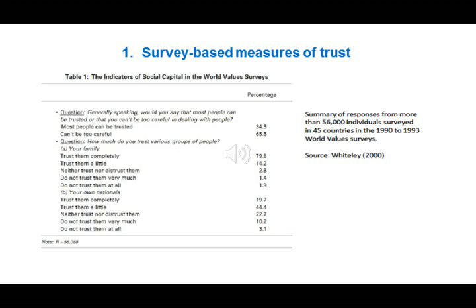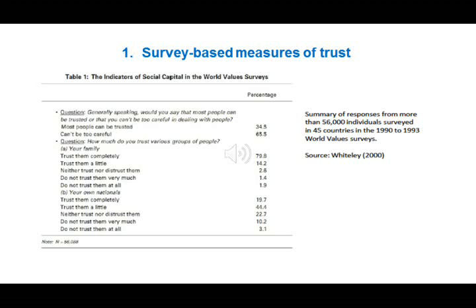So how do surveys try to measure the level of trust between individuals? Surveys use a special form of a question in order to try to measure the level of trust between individuals. This question you can see in this table. So the question is as follows. Generally speaking, would you say that most people can be trusted, or that you cannot be too careful in dealing with people?